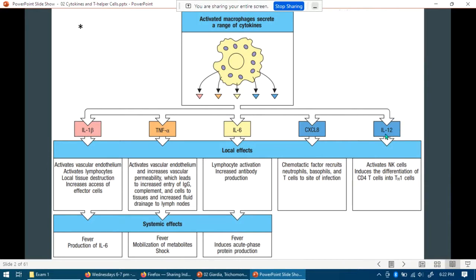Lastly, macrophages make interleukin-12. This is a cytokine with two activities that you should care about. First of all, it is a strongly activating natural killer cell cytokine. So it binds to receptors on natural killer cells, and it causes them to become activated. They get all angry. They become really good at killing, and they begin making more cytokines.